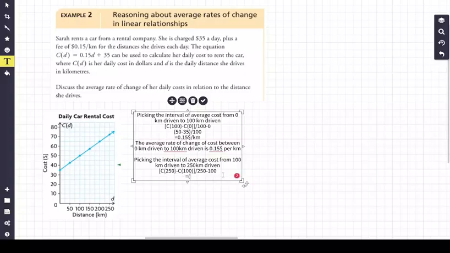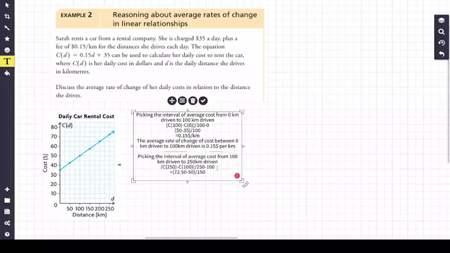I'll write the entire thing out: 72.50 minus 50, because C(100) is 50, right? Over 250 minus 100, so 150. What does that get us? We have 22.5 over 150. That's still 0.15, $0.15.